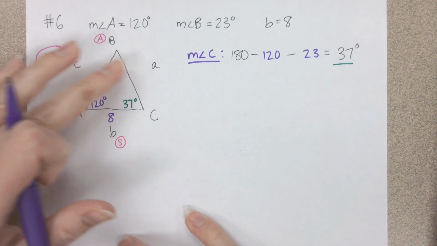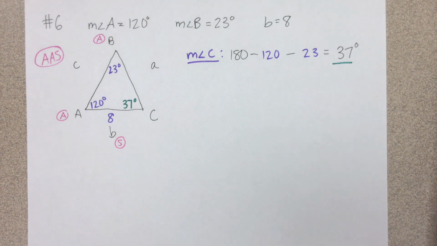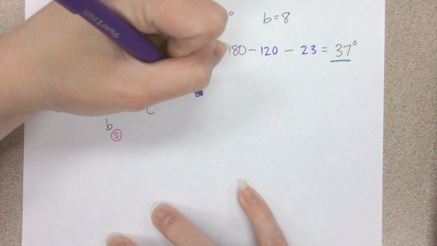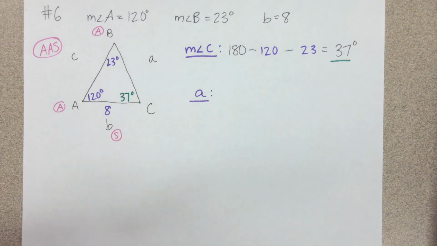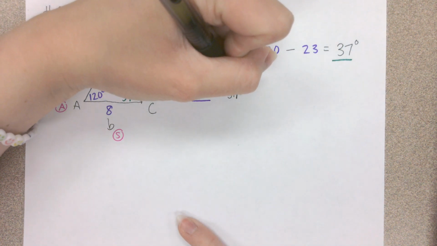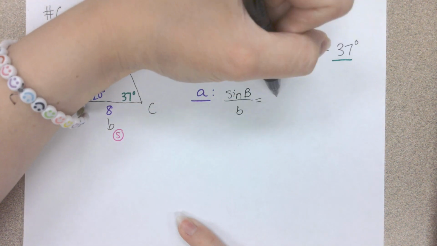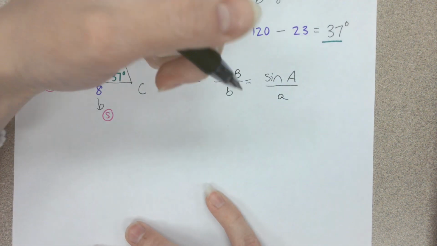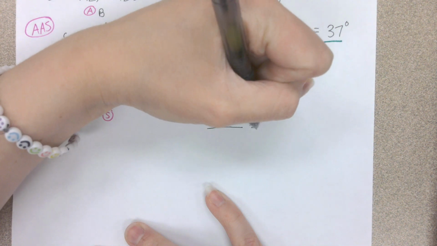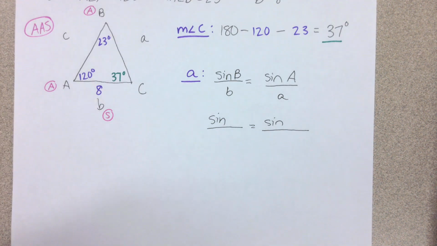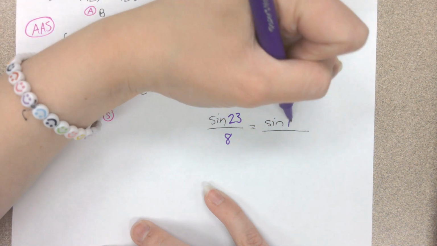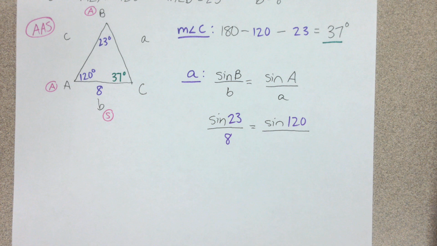Next, we just need to find A or C. We can go in any order. I always default to alphabetical order, so I'm going to find A. So, like I said, we can use law of sines since we know both B values. Sine of B over B is equal to sine of, we need the A's, A over A. So angle B is 23, side B is 8, angle A is 120, and we don't know what side A is.